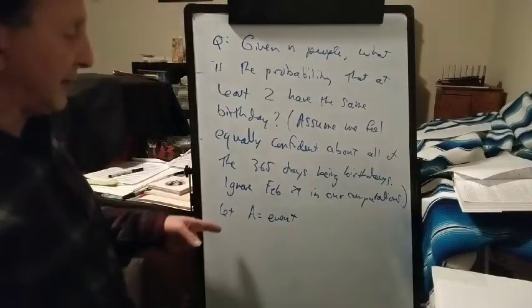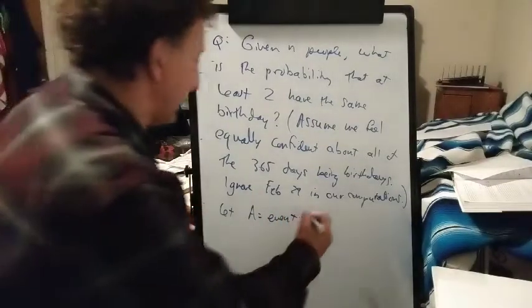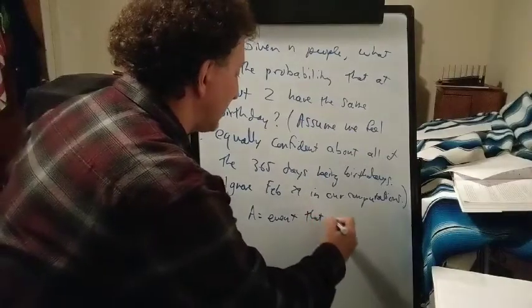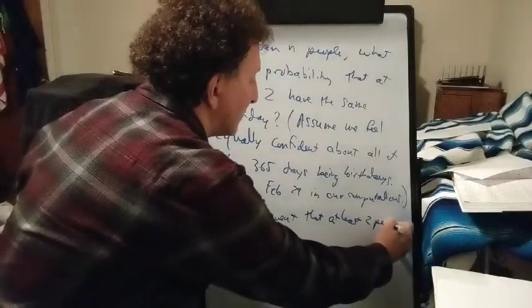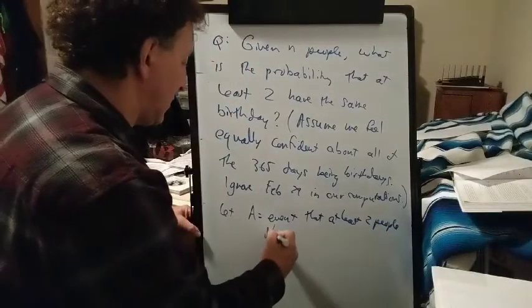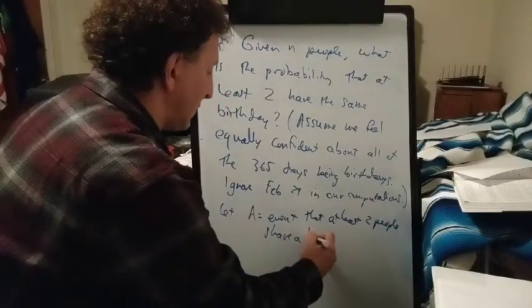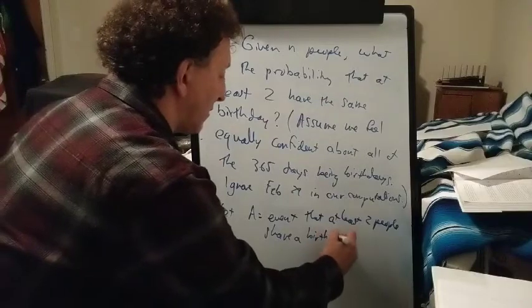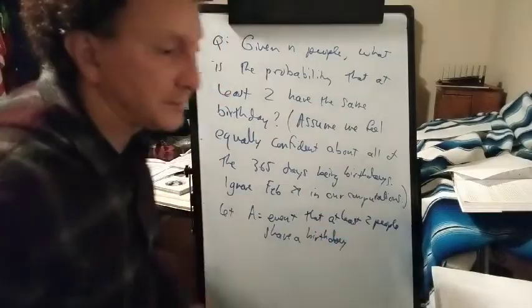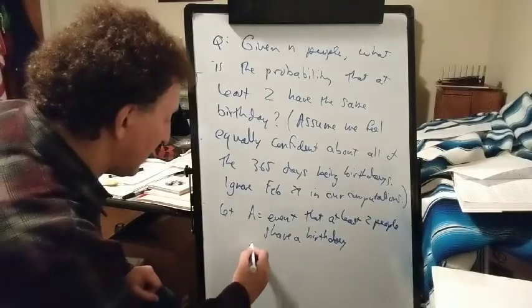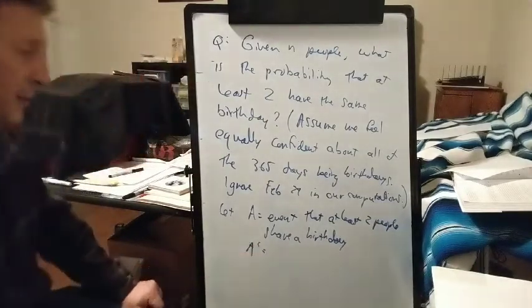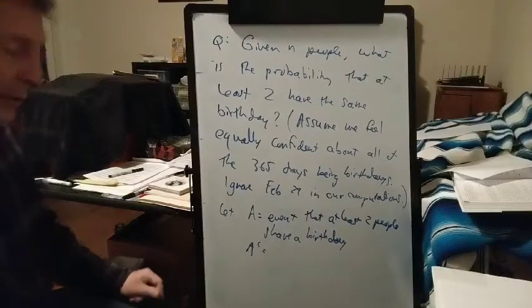Let A be the event that at least two people share a birthday. Then A complement is the event that all the birthdays are distinct.